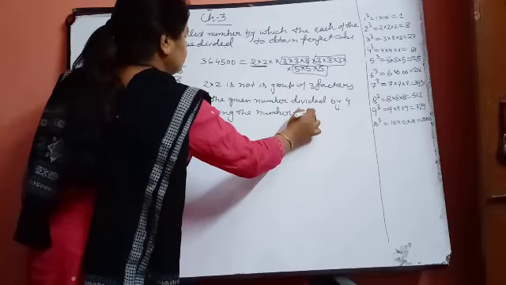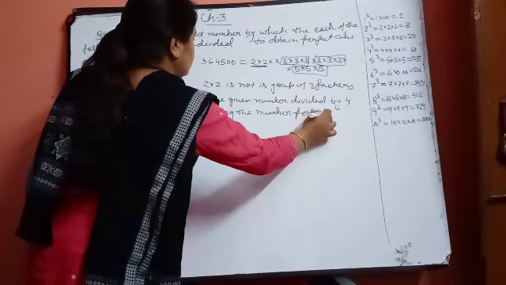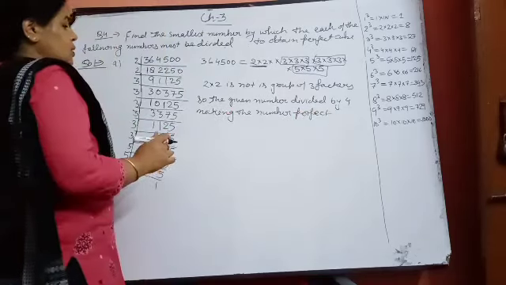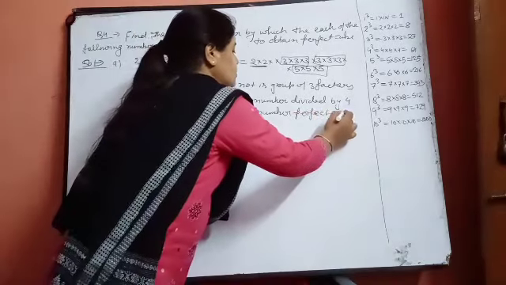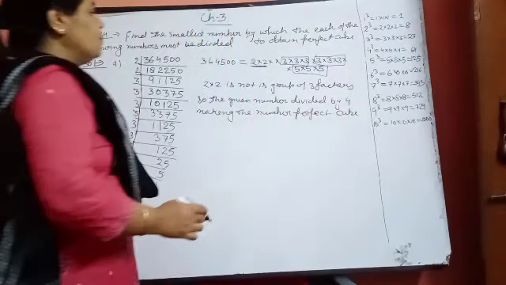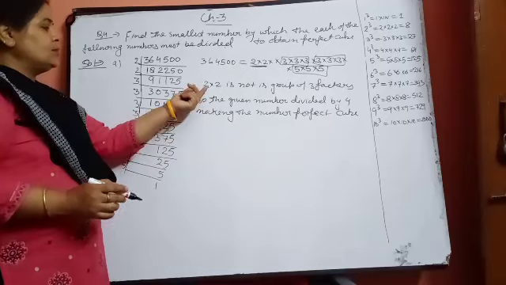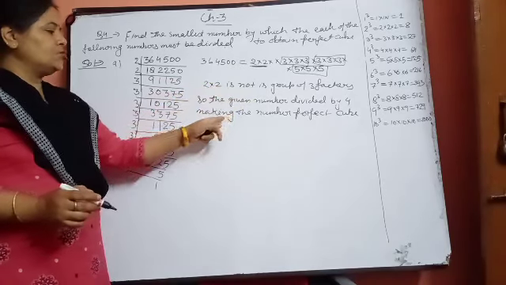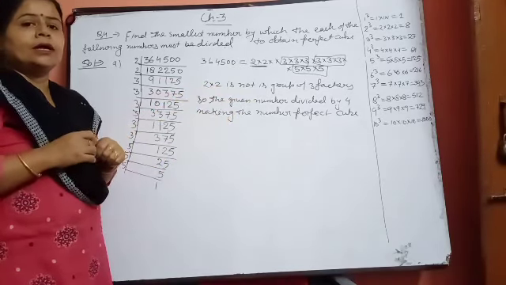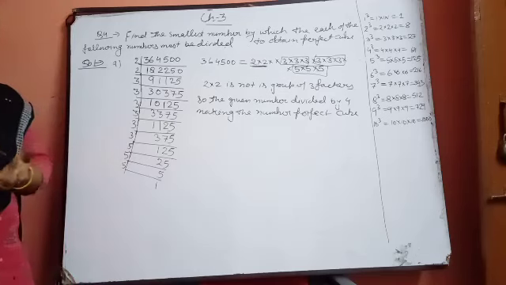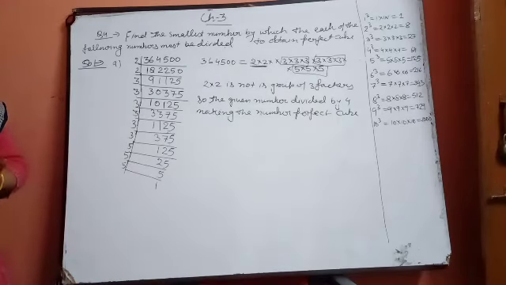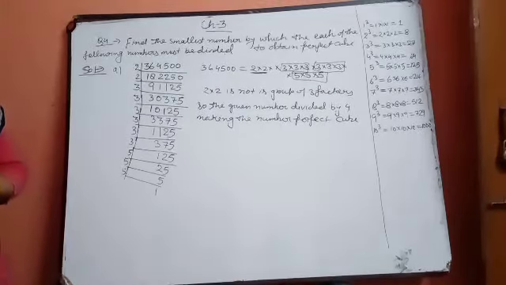Only this much he is asking, so no need to do the further solution. By which number should it be divided for making it a perfect cube? By 4 it should be divided to make it a perfect cube.